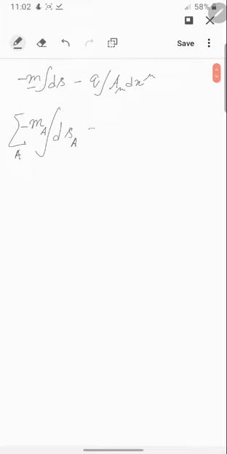Then the interaction term will be, for the a-th particle, the charge q_a, and then integral A_mu. A_mu is a 4-vector field which has got nothing to do with the particle, so it is defined all over space-time, so A_mu will be as it is, but dx^mu will again be a coordinate differential defined on the a-th particle's trajectory. So let us write a here also, and we have a summation over the a index on this interaction term.